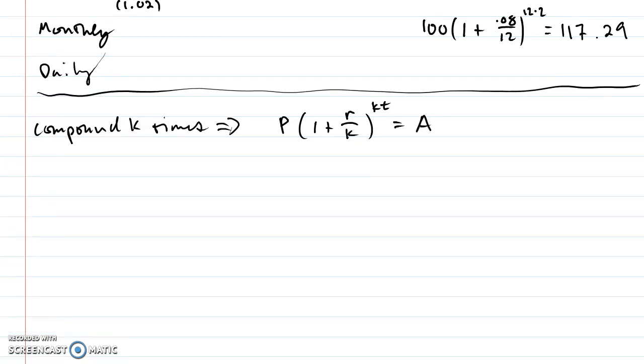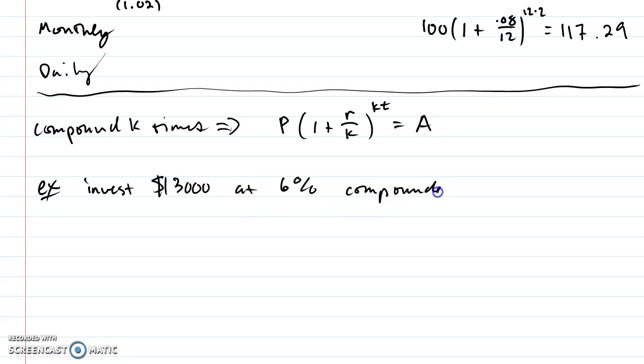So you might be asked a few questions, like, for example, if we invest $3,000 at 6% compounded monthly.